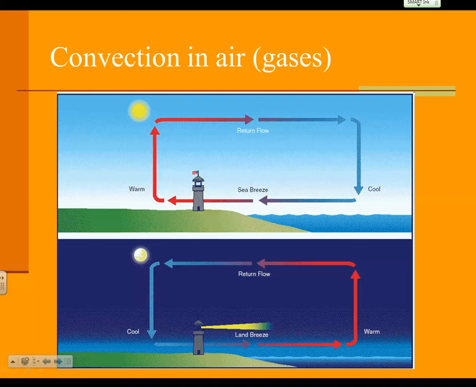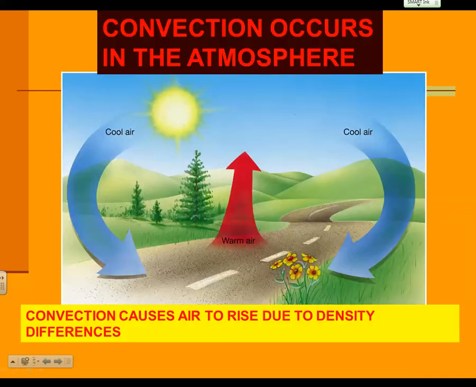The warm air rises, moves out over the colder ocean and sinks in the daytime, and it reverses in nighttime, all due to density differences. And this also produces thermals in the daytime, where over hot surfaces the air rises, and over cooler surfaces the air is going to sink.